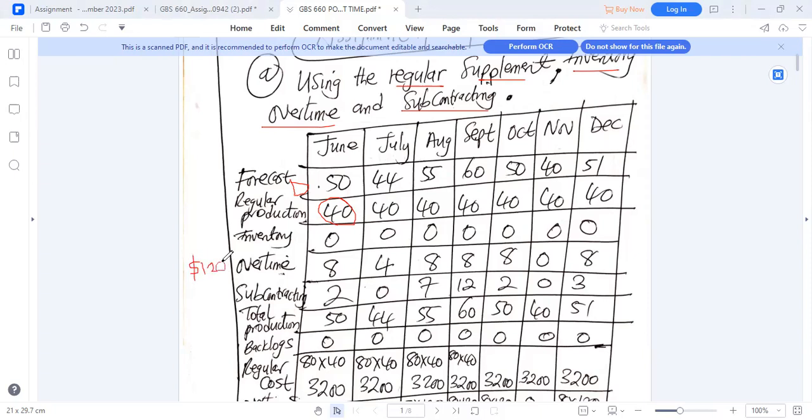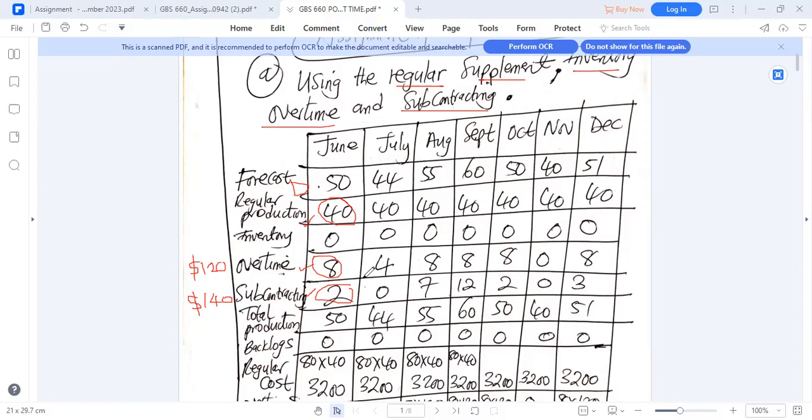The other one, subcontracting, was $140 per unit. So it's better you allow overtime for all the units for June. We produce this 40 plus 2 for subcontracting and 8 for overtime because it was cheaper for overtime.